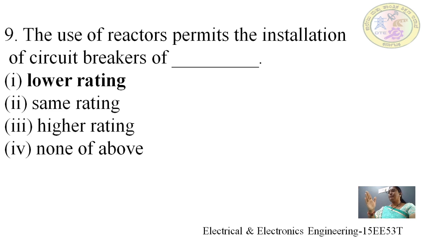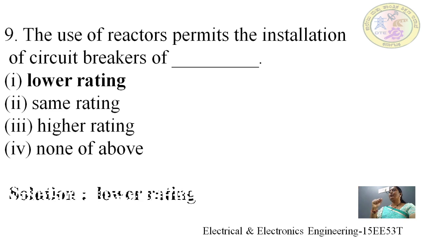The options are lower rating, same rating, higher rating, none of the above. The answer is lower rating, because the short circuit current is reduced, and automatically the circuit breaker rating is also reduced.